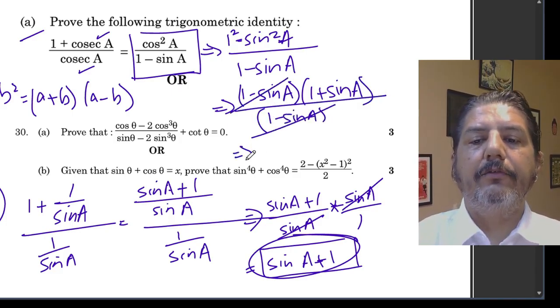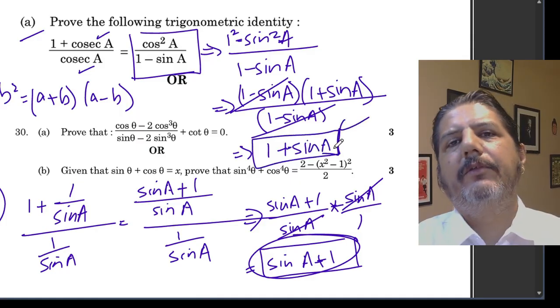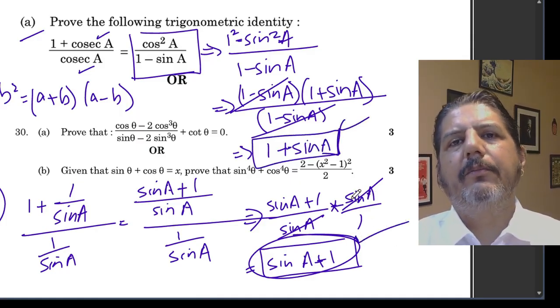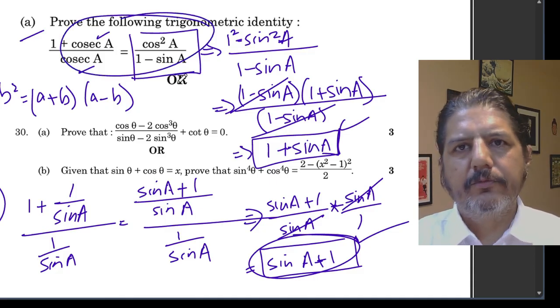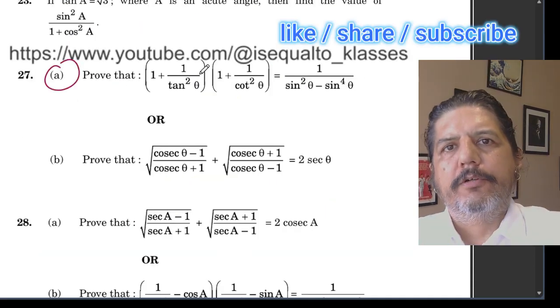So my right hand side is equal to 1 plus sin A, and left hand side is equal to 1 plus sin A. So that is how I prove this identity. Let's move to the next question.